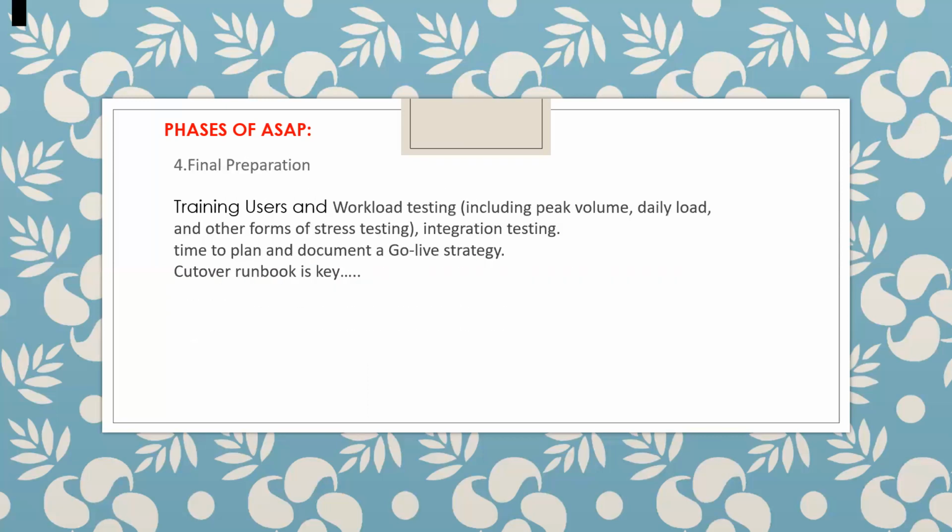Final preparation generally happens before going to production, where you do UAT, user acceptance testing. For example, you tested a multi-level BOM, a bill of material, that is broken into some 25 levels.